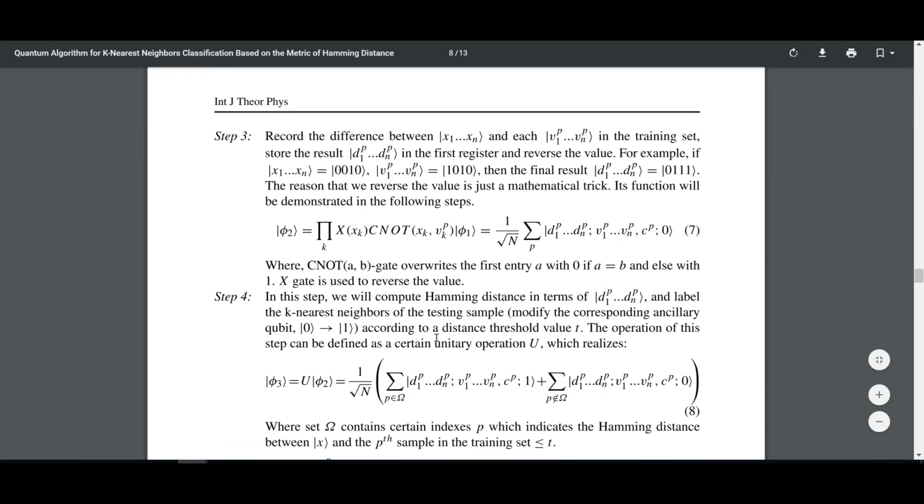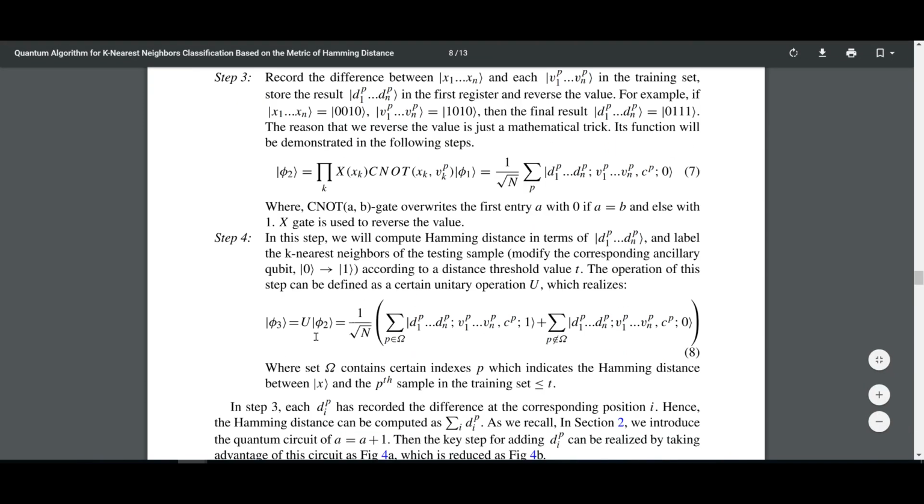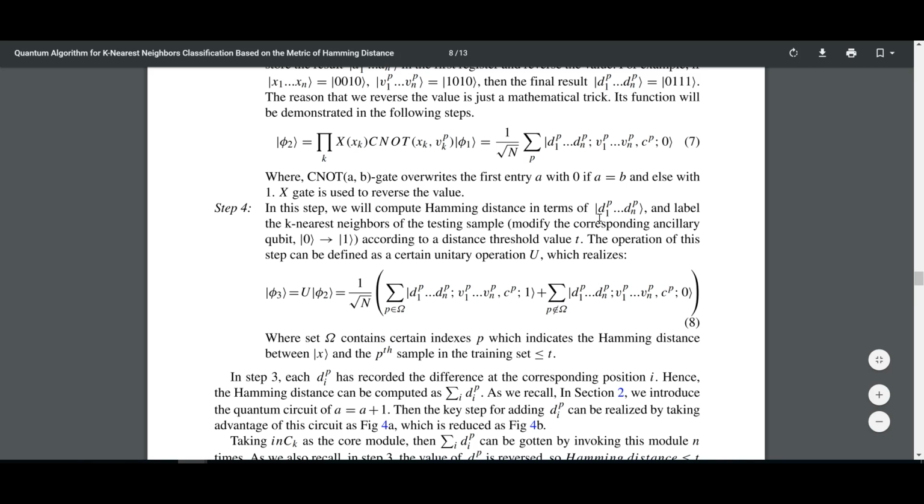And then step 4, so that's step 3. Step 4, in this step we'll compute Hamming distance in terms of these, and label the k nearest neighbors of the testing sample, modify the corresponding ancillary qubit 0 to 1.